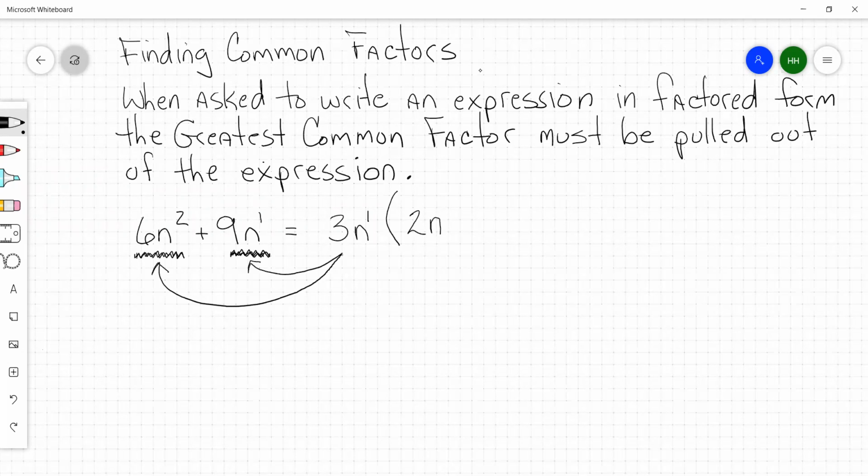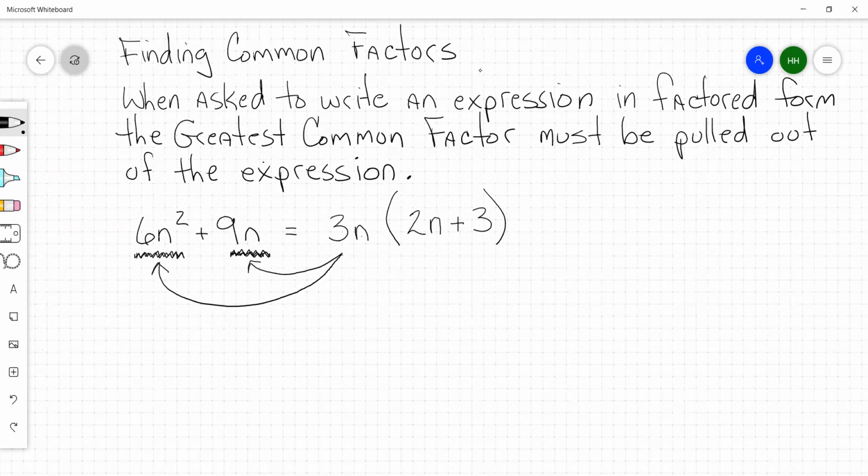And since this sign is plus, then this is plus. Then you take your 3, you divide it into the 9, and 3 goes into 9 3 times. And n goes into n 1 time, right? But you don't write it, okay? So right here is what we got. Factored form would be 3n times 2n plus 3.